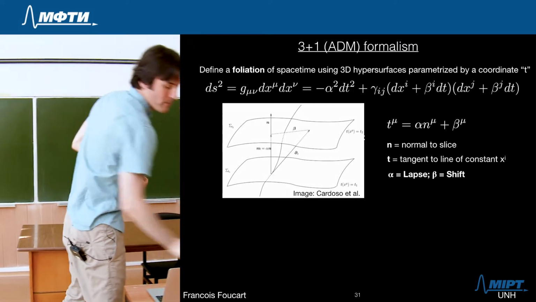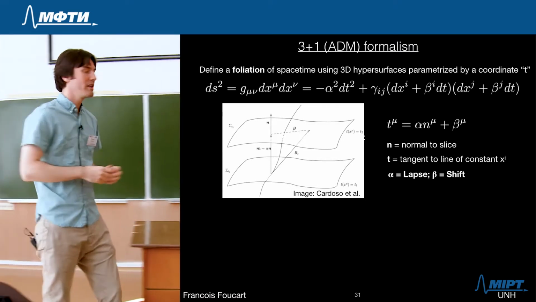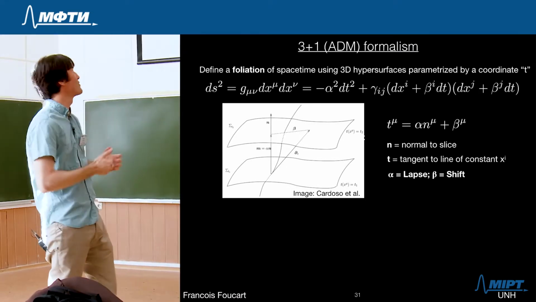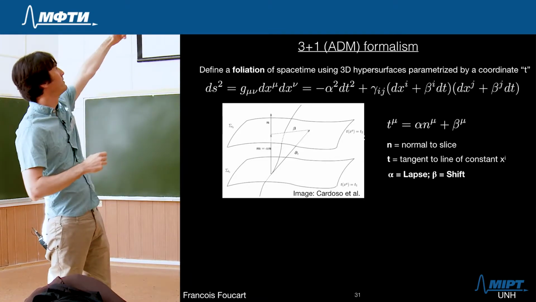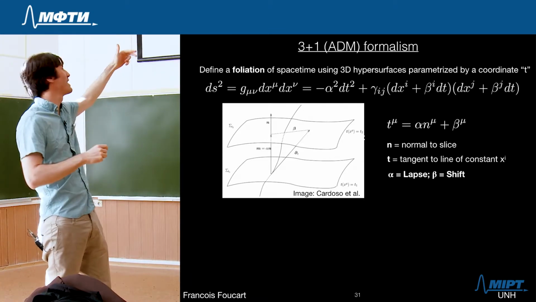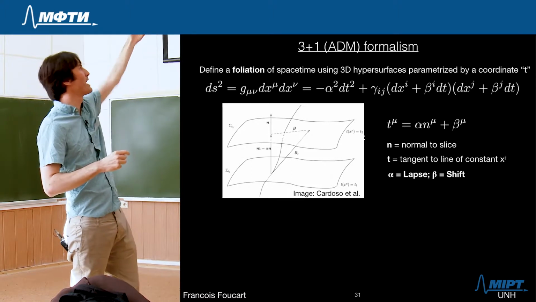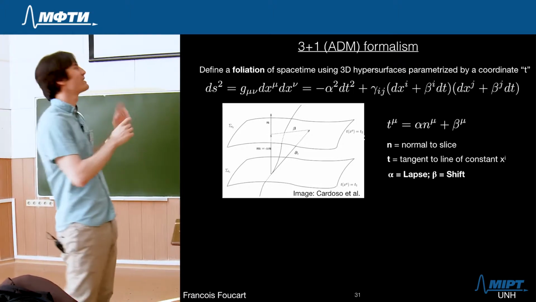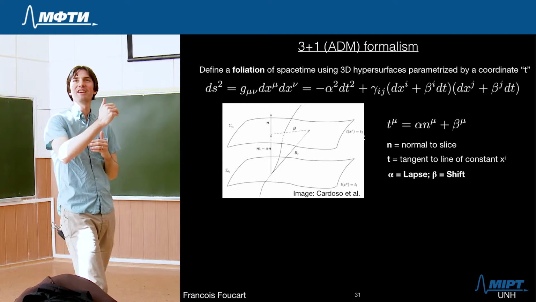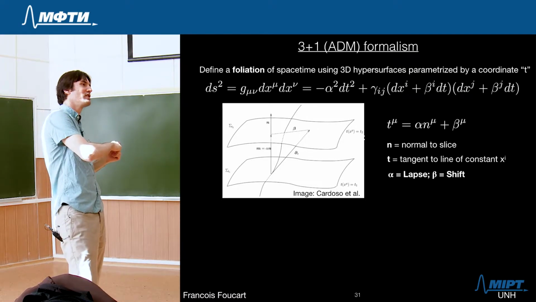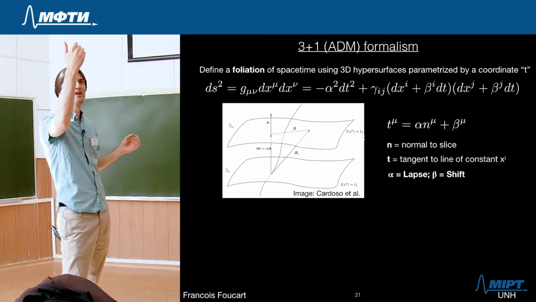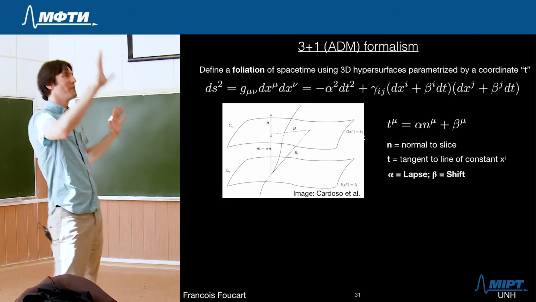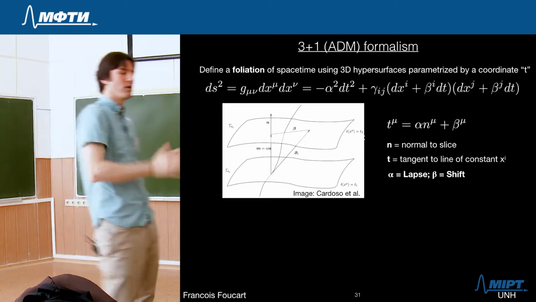If it was measuring time on an actual clock, it wouldn't see the difference between the time markers of those slices. It would see alpha times that, so the lapse times that. So that tells you how much real time passes between slices and how much observers following the coordinates shift compared to someone who would go normal to the slice.